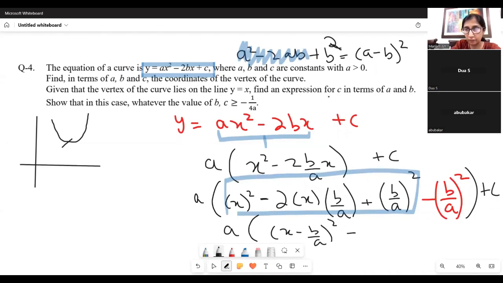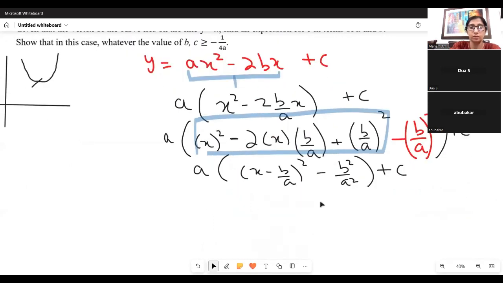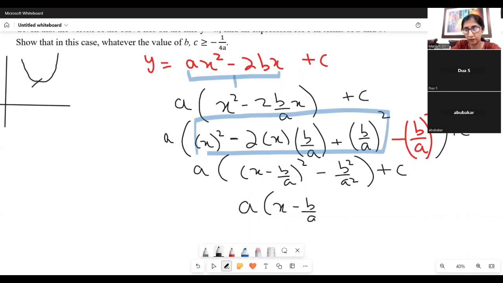And outside I have minus b by a, writing b square and a square, bracket close plus c. I'm going to further expand the bracket, which gives a times (x minus b by a) whole square minus b square by a plus c. So this is the completed square form.